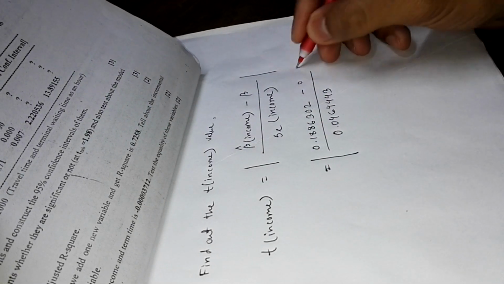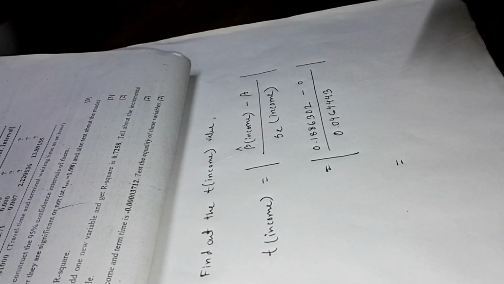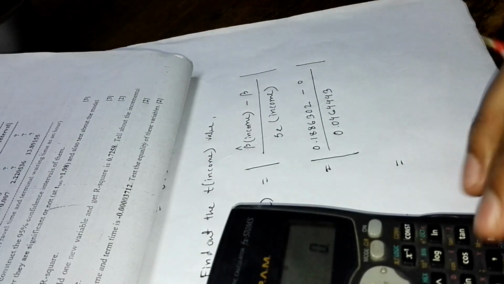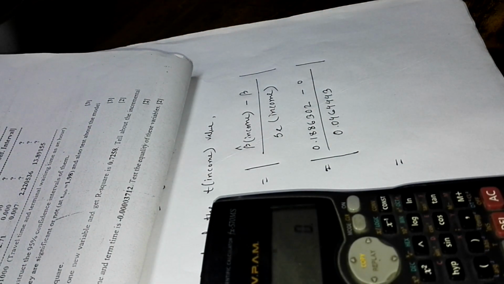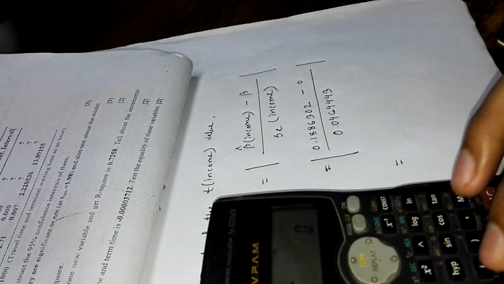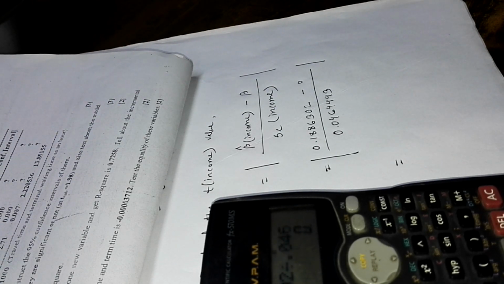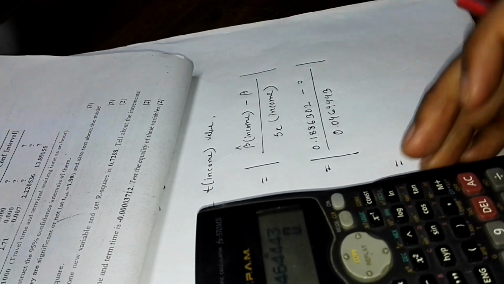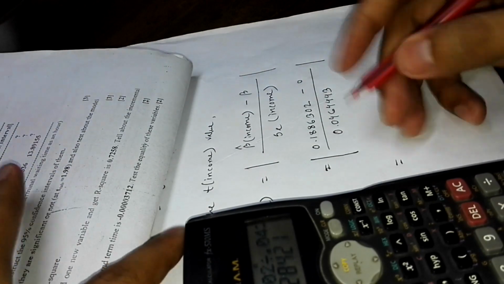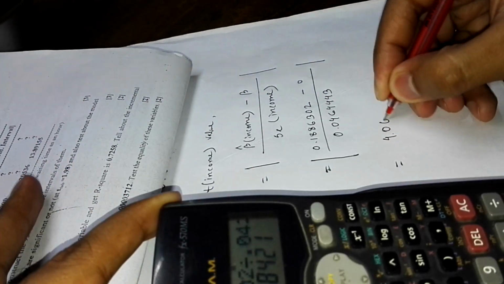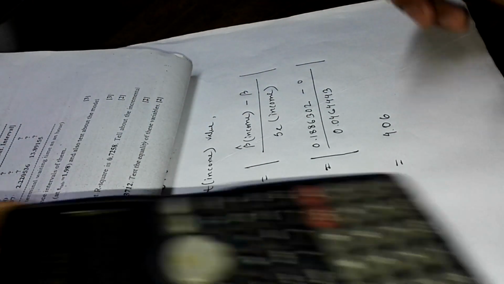Okay, calculate it: 0.1886302 divided by 0.0464443.